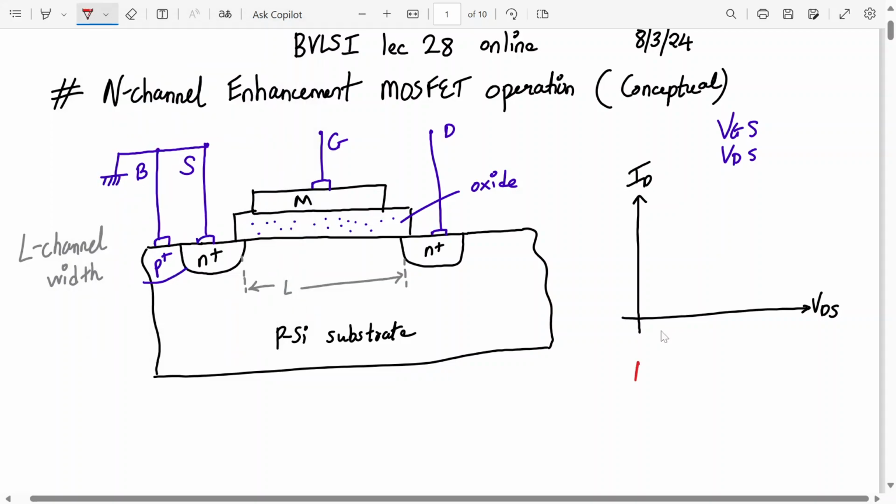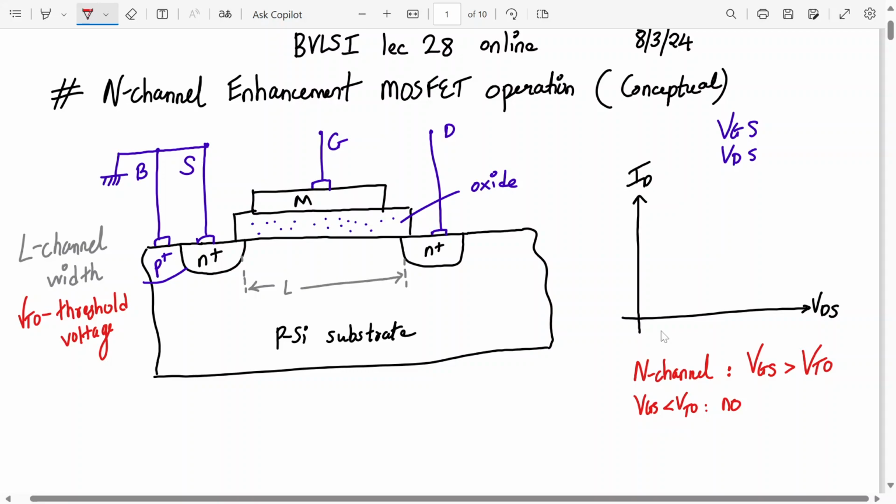For N channel to form, VGS should be greater than the threshold voltage VTO, where VTO is the threshold voltage. Agree? And we have seen the expression of the threshold voltage, what all things it contains. So if VGS is less than VTO, can I say a channel is formed or not? If the gate to source voltage is less than VTO, no channel is formed.